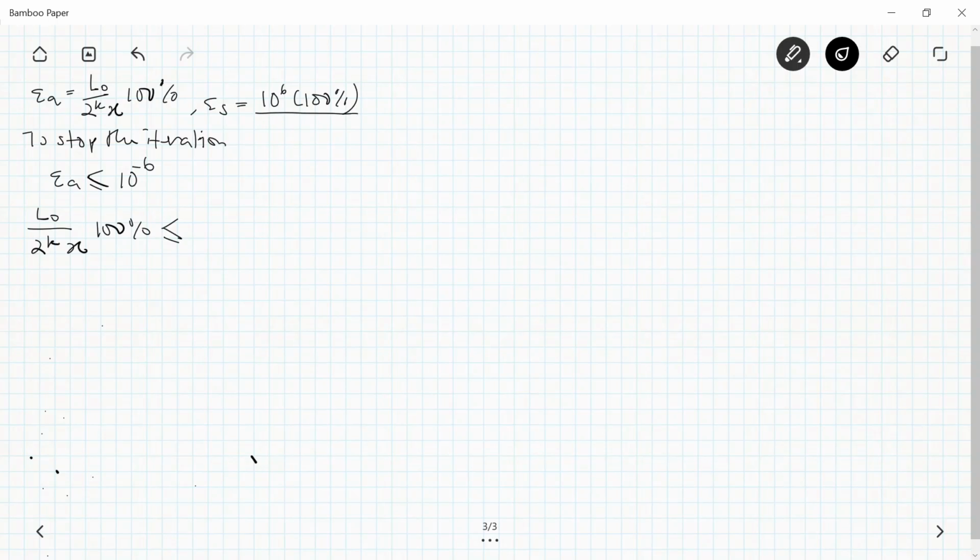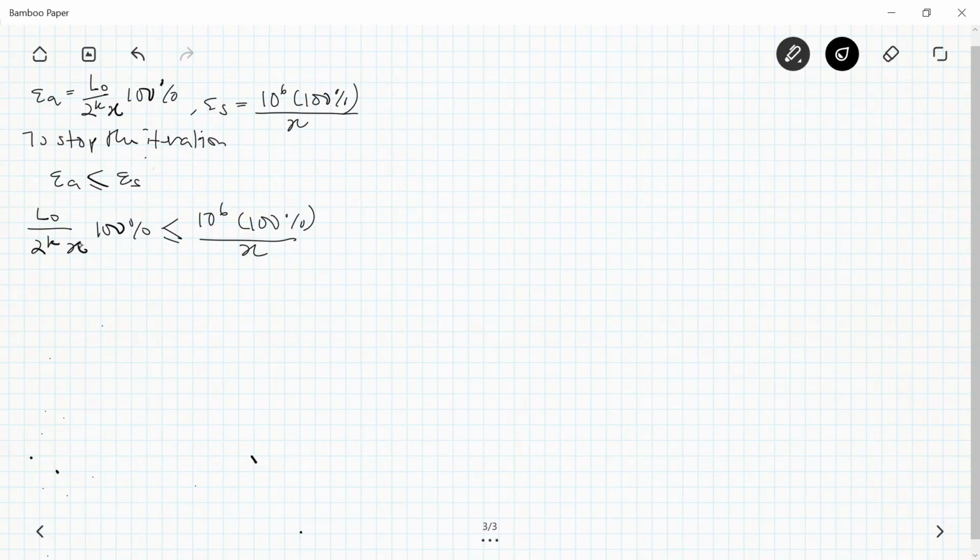over X, and we did this comparison. So the comparison is that the stop iteration epsilon A must be less or equal to epsilon S, and epsilon S is 10 to the power of 6, 100% divided by X. Okay, so there's something that we can do here.